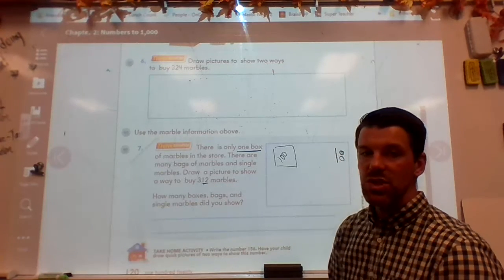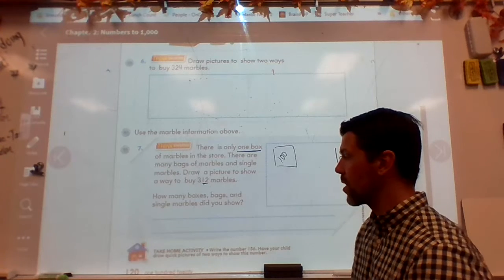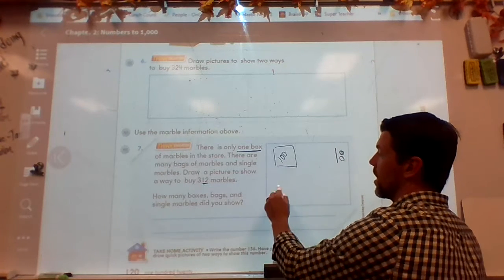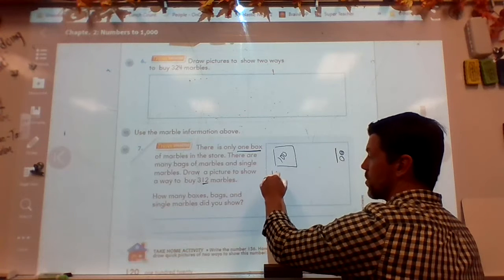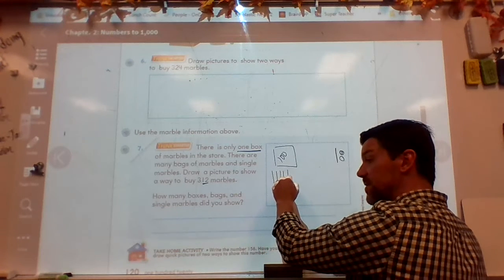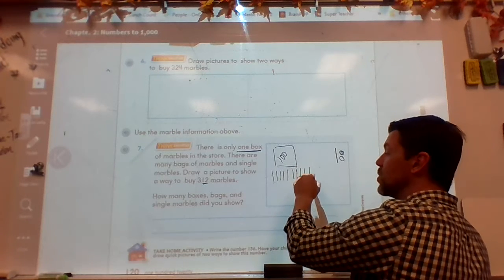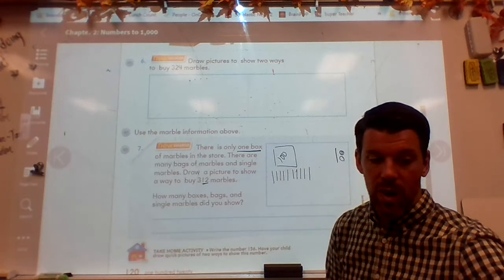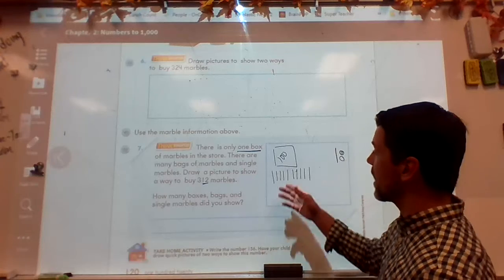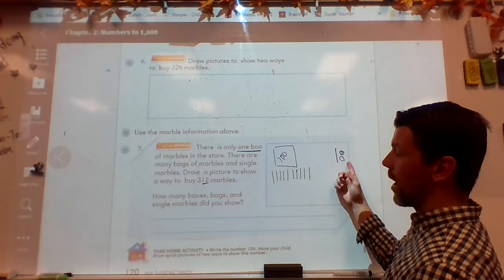Now I still have 200 more to account for. So let's start drawing it. 100, 110, 120, 130, 140, 150, 160, 170, 180, 190, 200. So now I'm up to 200. I need to keep on going because now we have 212.